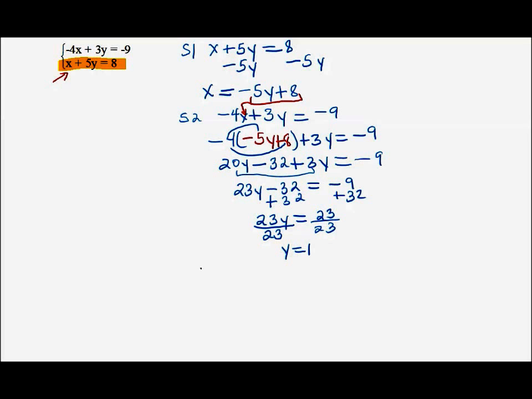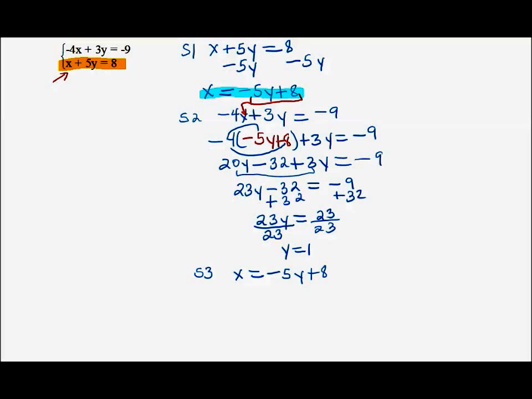Now for step 3, it says go back to step 1. So now I need to go back to step 1. I came up with the equation x is equal to negative 5y plus 8. So I'm going to use that equation now. x equals negative 5y plus 8.